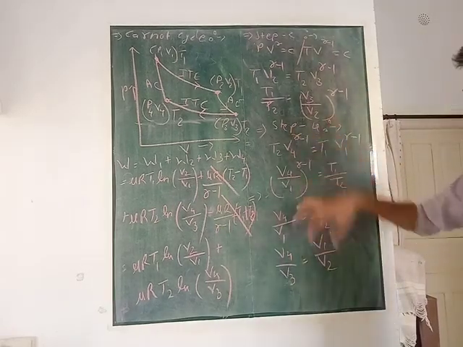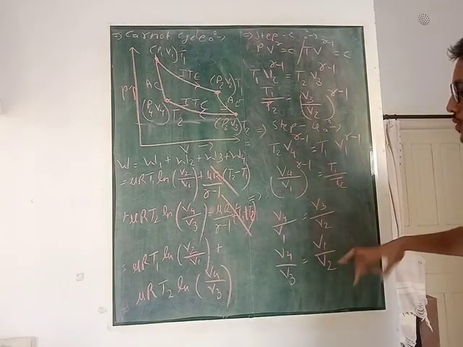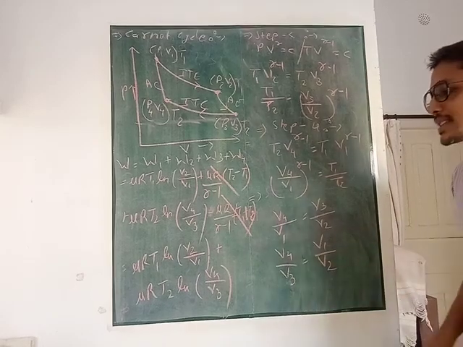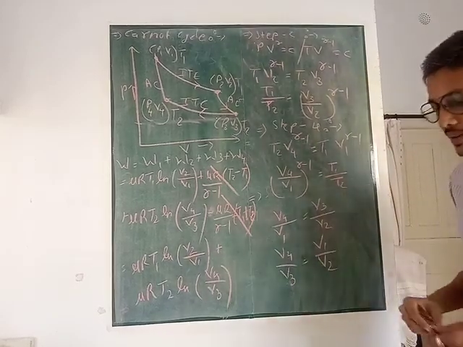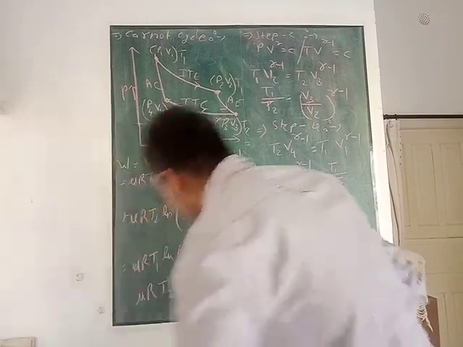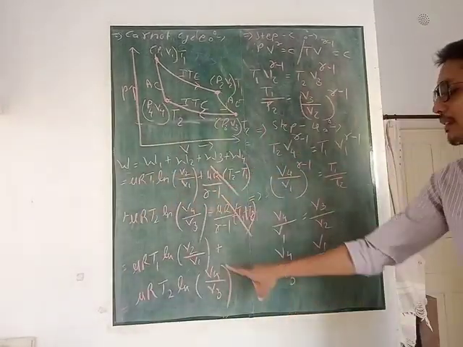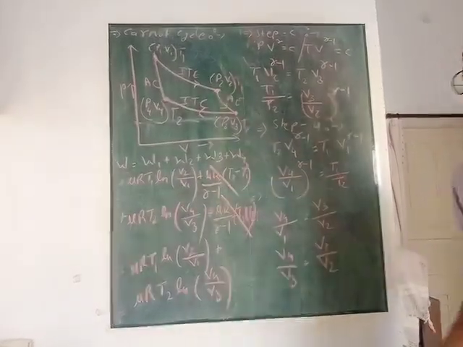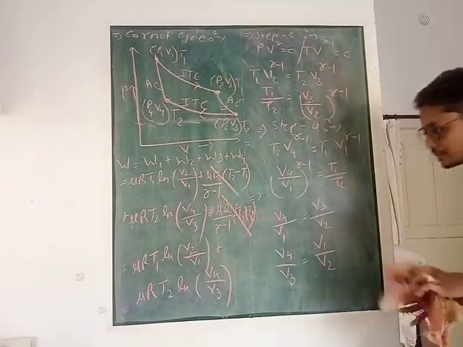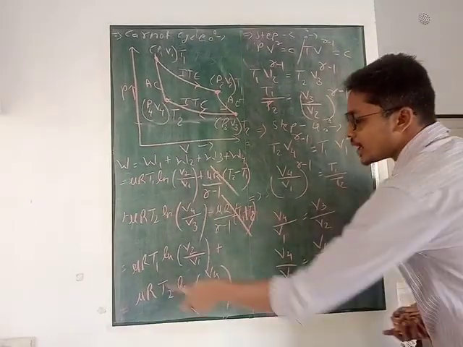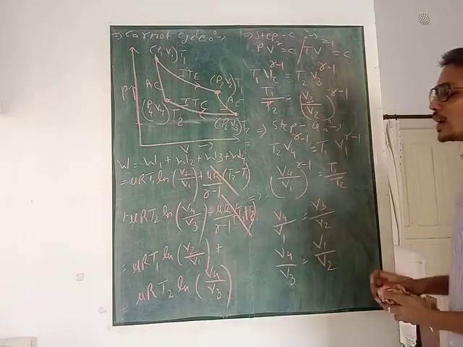Okay, correct? You can alternate these things also, and put this V1 by V2 into this. You can also cancel it out, and then you have T1 and T2 here.